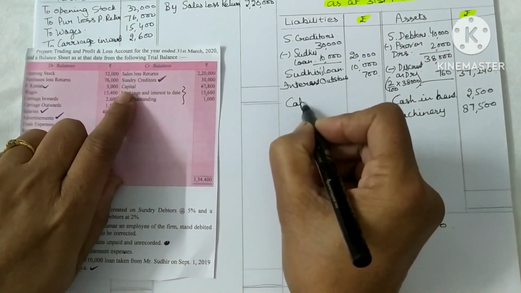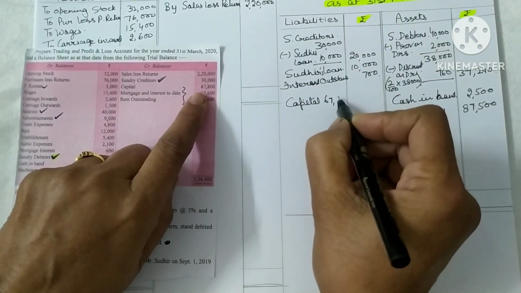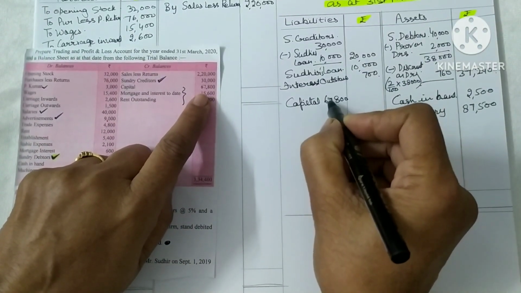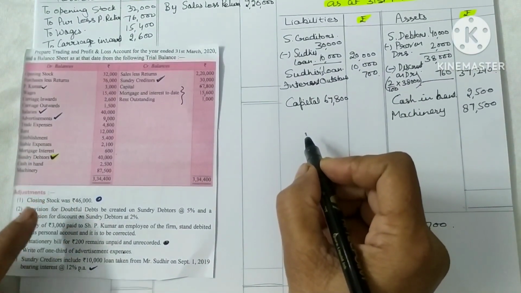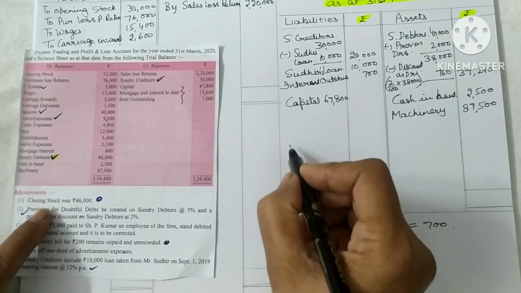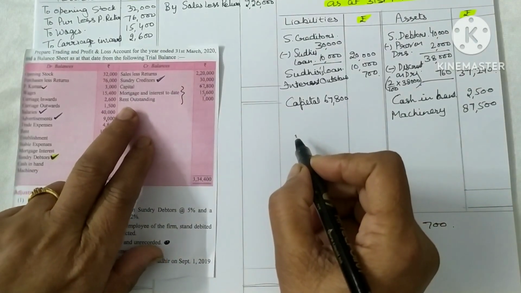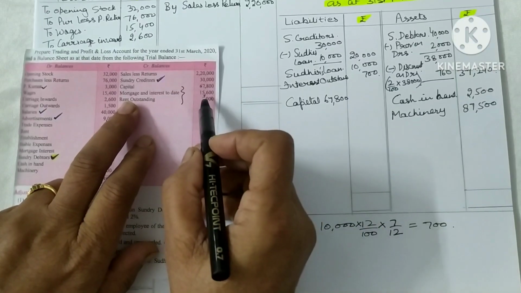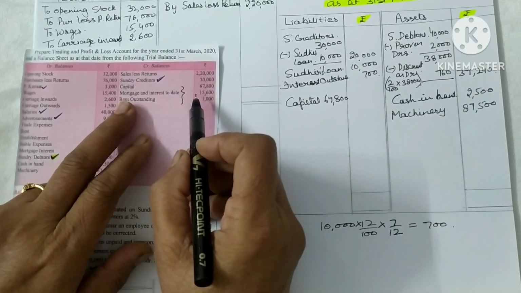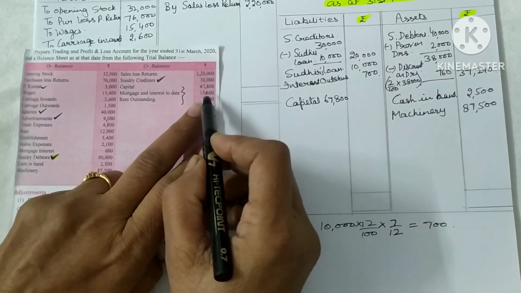capital. Capital always has an adjustment regarding profit or loss, so you have to show it in the inner column first. Okay, then leave some space for profit etc. Then mortgage and interest to date is your liability.